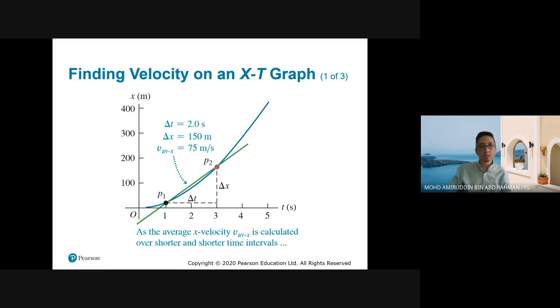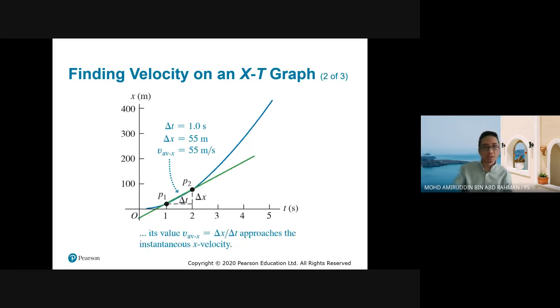We have the delta x between this point and that point. It is already calculated here: the difference of x from this point to that point is 150 meters, and the time taken for the object to travel 150 meters is 2 seconds, from T1 to T2. So the average velocity equals 150 over 2, which equals 75 meters per second.